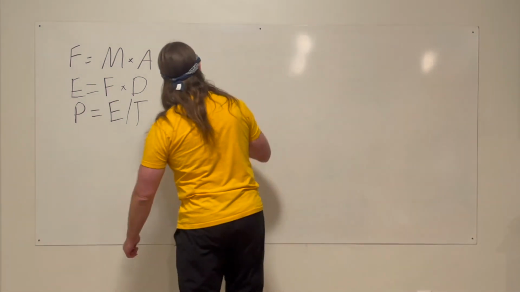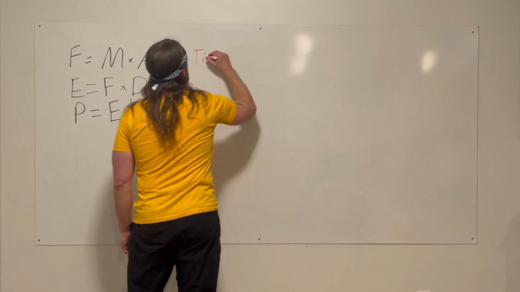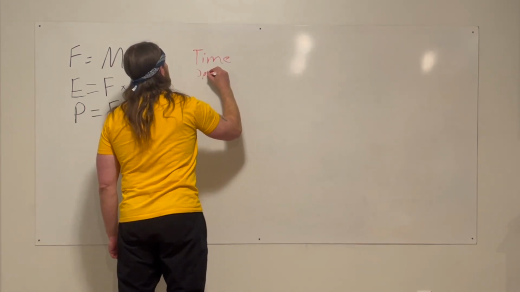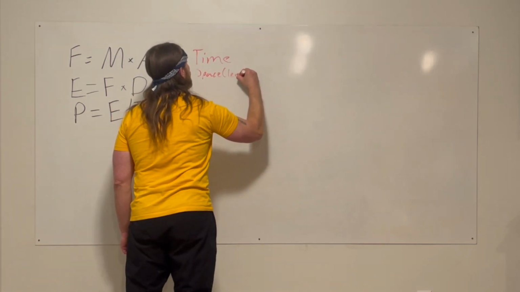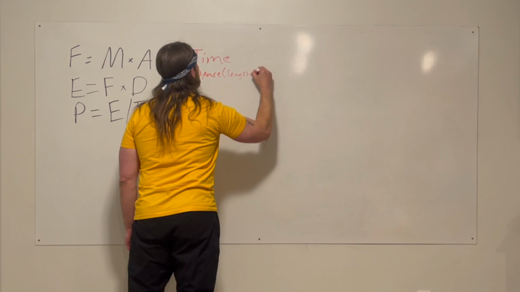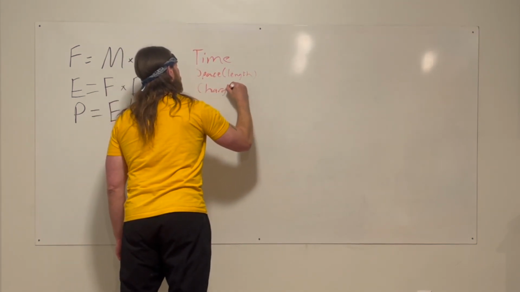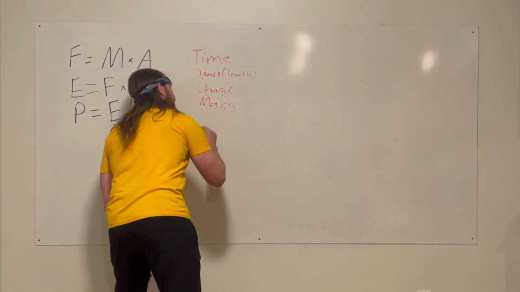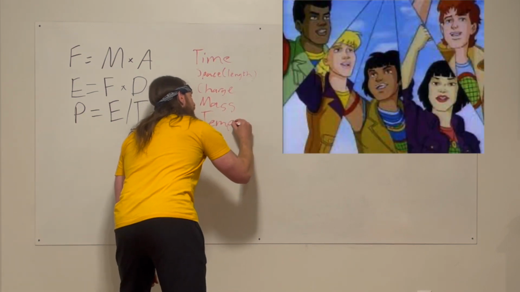Just for notation's sake, what are our 5 ingredients? We have time, we get space, which is length, we got charge, we got mass, my messy handwriting, and then we have temperature.